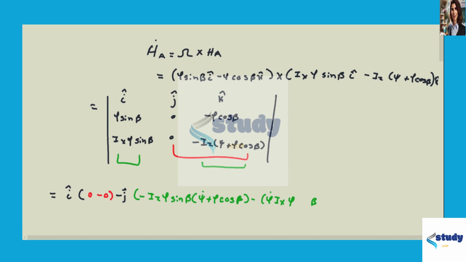Now let's get that sine looking nice: sin β cos β. And plus k, and your k is actually going to be 0, because we're just looking at this, so it's going to be 0 minus 0.